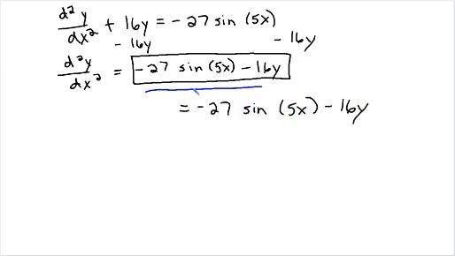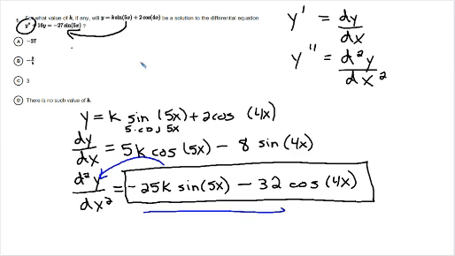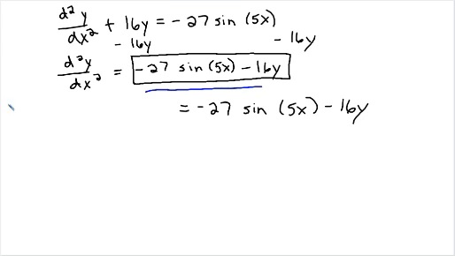And on the right side, I'm going to put the other one that I had, this negative 25k sine of 5x minus 32 cosine of 4x. And believe it or not, it gets better.